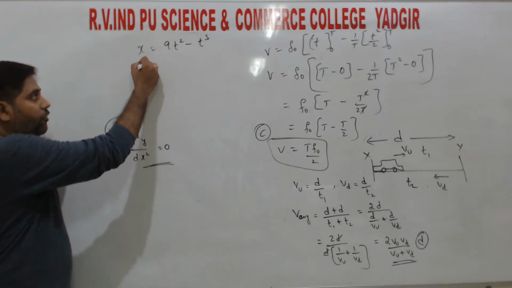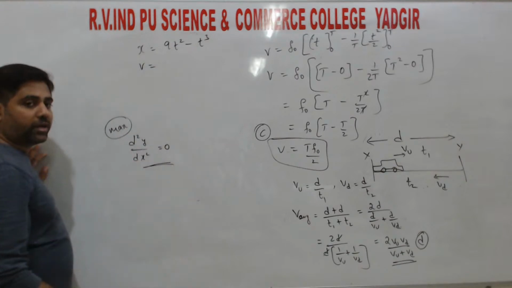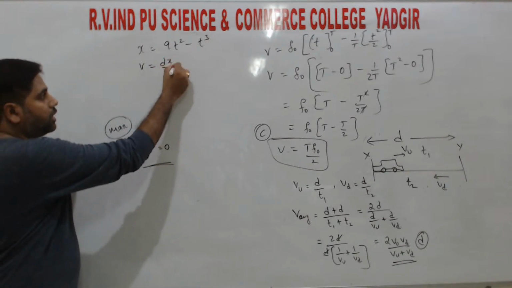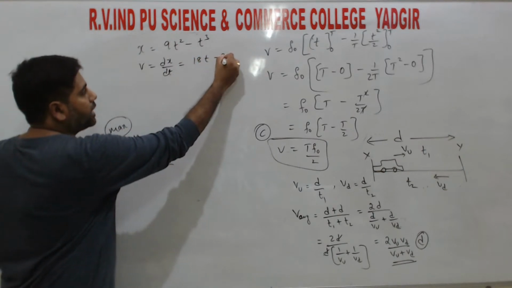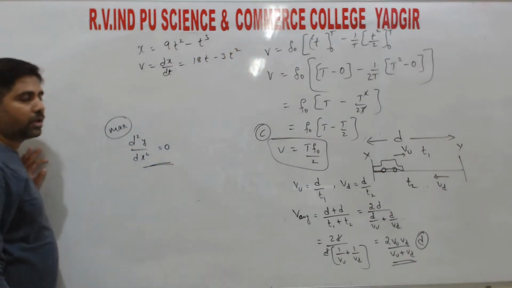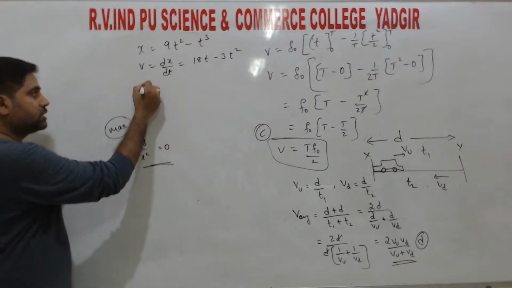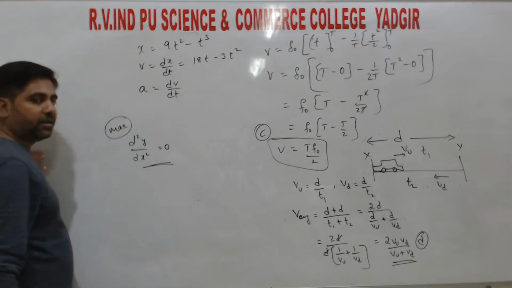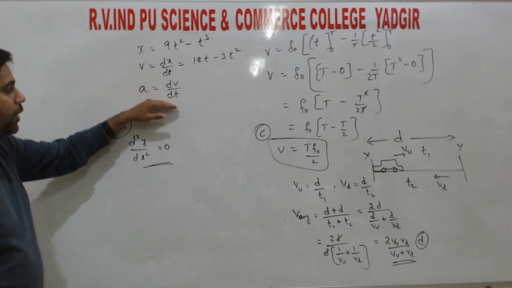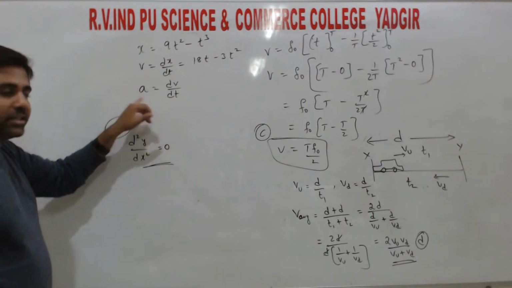So first we need to find the velocity. V is equal to dx by dt, right? So that is equal to 18t minus 3t square, right? So next, acceleration, that is equal to dv divided by dt, that is change in velocity with respect to time we use for the acceleration.